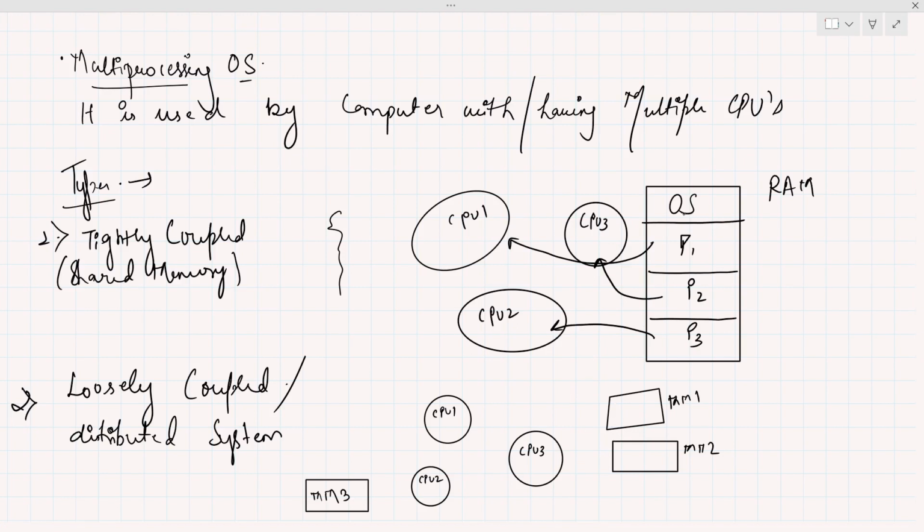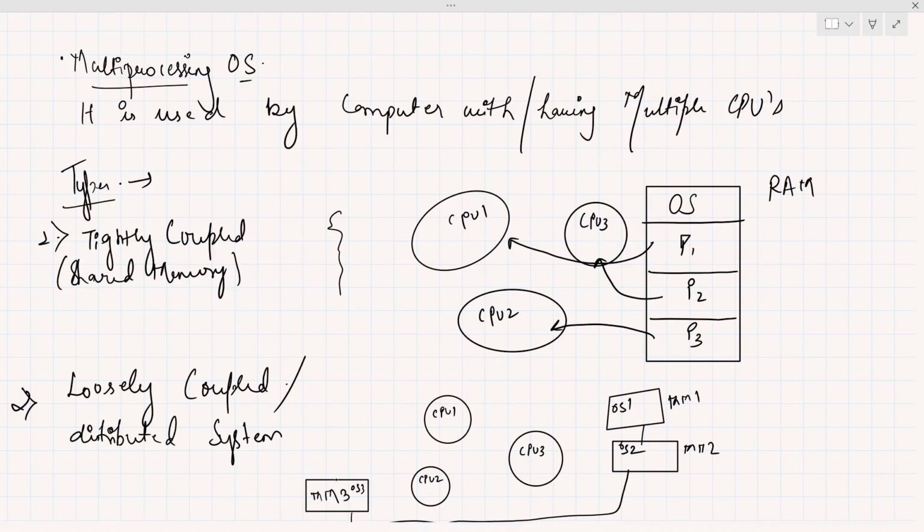So one operating system is in each of the three main memories, so we need three operating systems. Now all these are interconnected, which means all these main memories are connected, and the system knows which program is executing on which CPU.